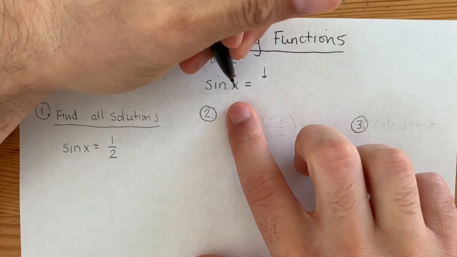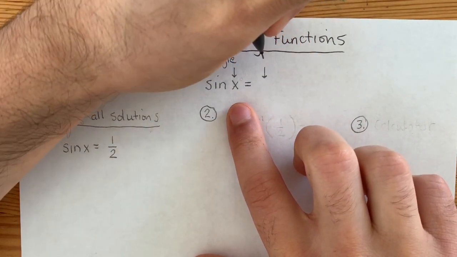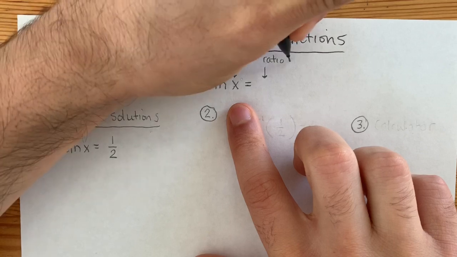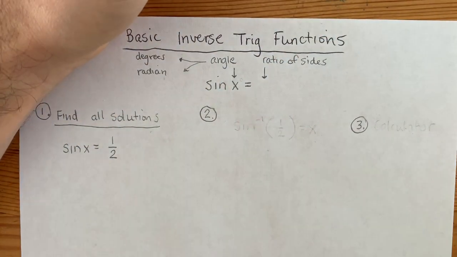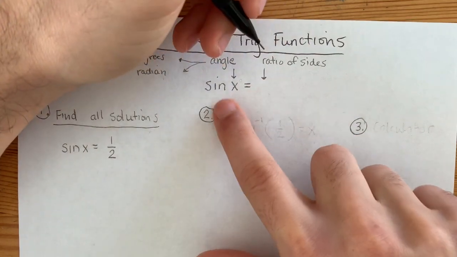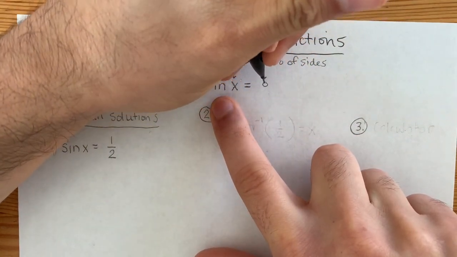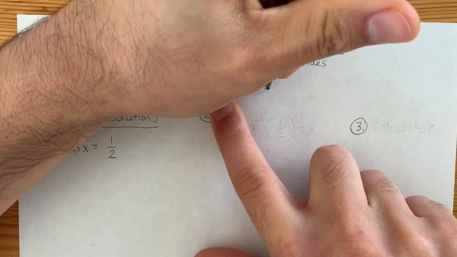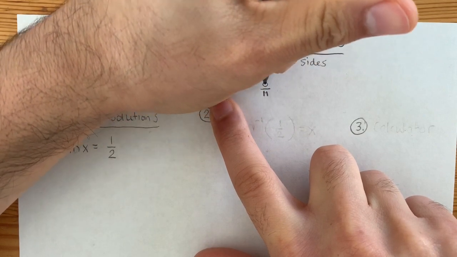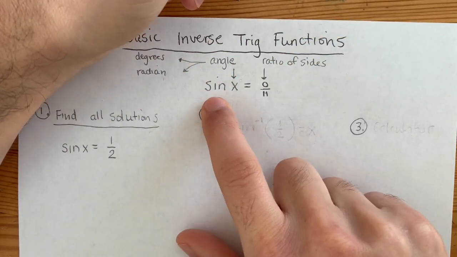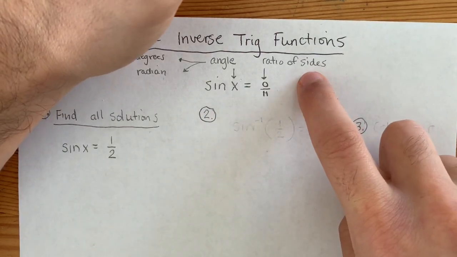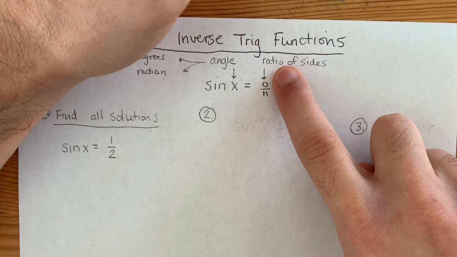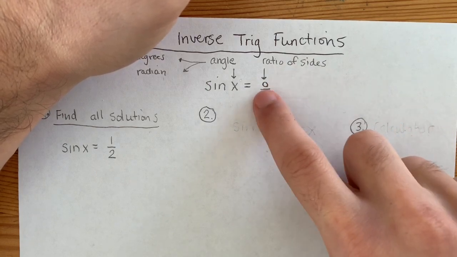So you plug in an angle, and then out comes a ratio of sides, the ratio of sides of the triangle. For sine, the ratio we know is opposite over hypotenuse. But of course, there are different ratios if we're doing cosine or tangent or secant or cosecant. A ratio is a fraction, and this fraction is always reduced.